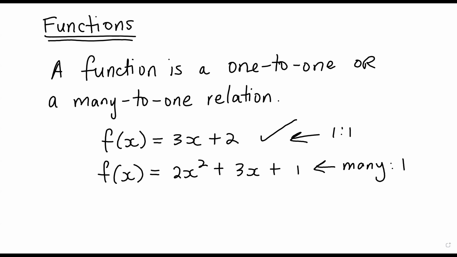So you'll have more than one value of x mapping onto exactly one value of y. That's what many-to-one is. So they're both functions, except the first one, the linear function, is one-to-one, and the second one, the quadratic function, is many-to-one.